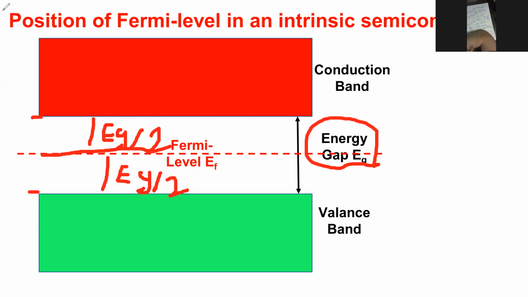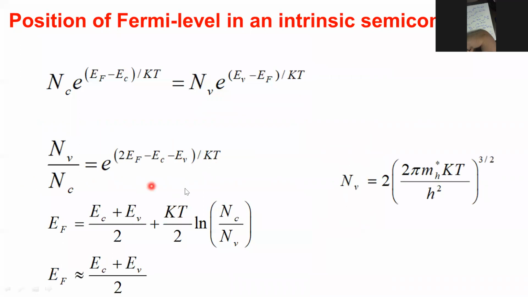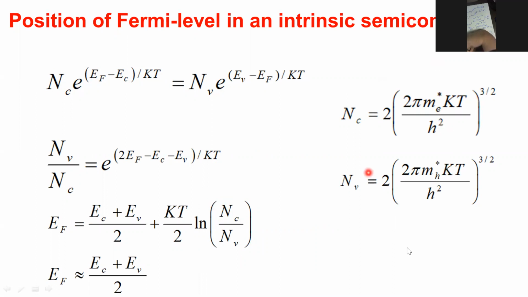But as you can see from the revision we have just reached, this is not totally accurate because there is still another parameter to consider, this KT over 2 ln NC over NV. However, as you know, NC and NV are constant, so we can easily determine this by calculating at room temperature.